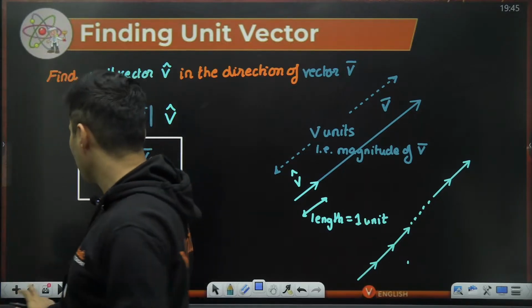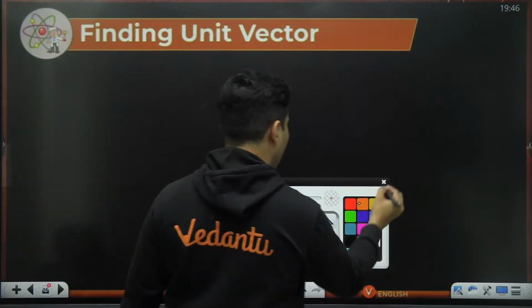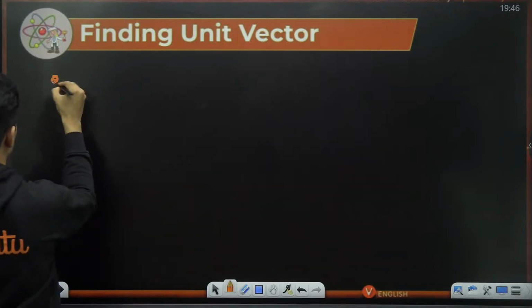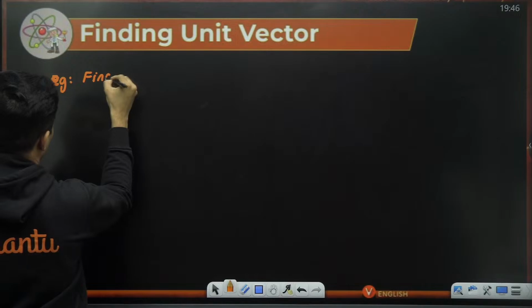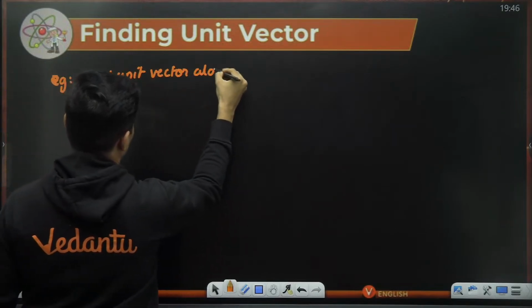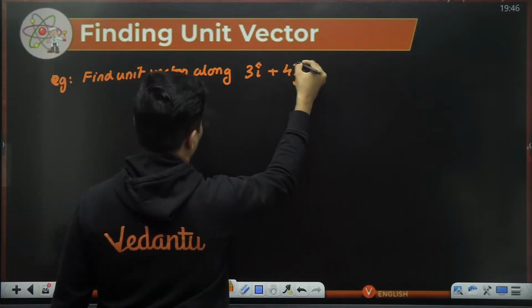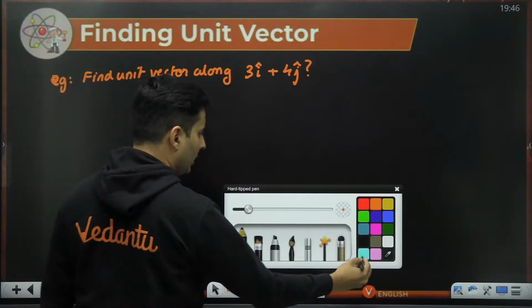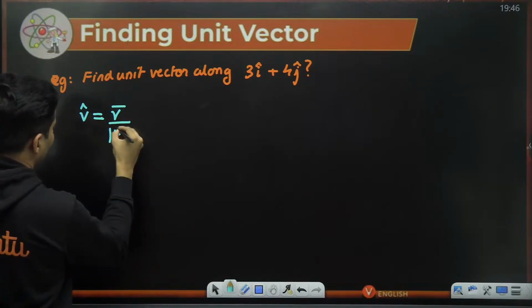Let's take up a simple question so that you understand the meaning of it. Example: find the unit vector along 3 i cap plus 4 j cap. The unit vector along any vector is the vector itself divided by the magnitude.